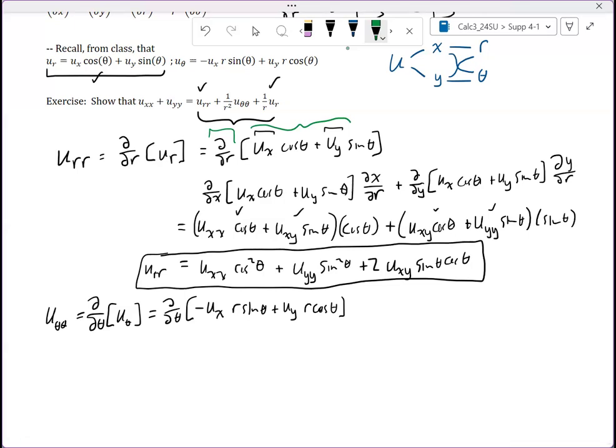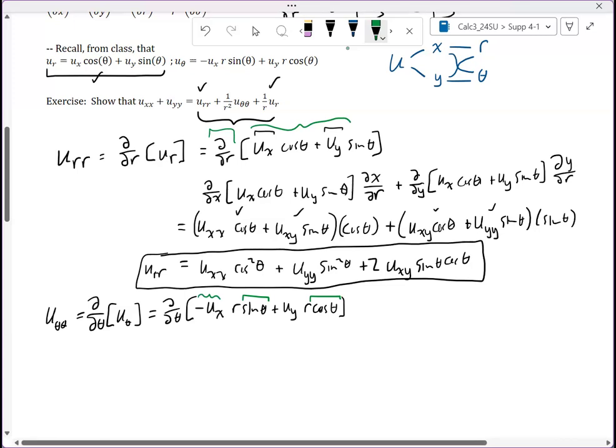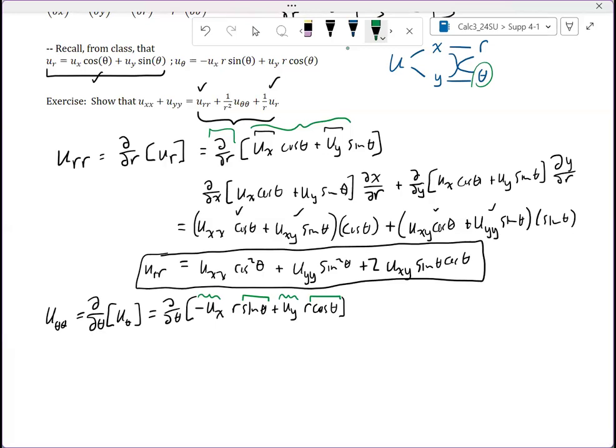But here we're taking the partial with respect to theta of this function, and we do see some explicit thetas, as well as some implicit thetas through the dependence from u. So we got to be careful here. We have a product rule coming into play in each of these terms.